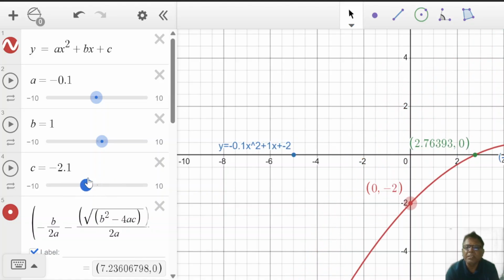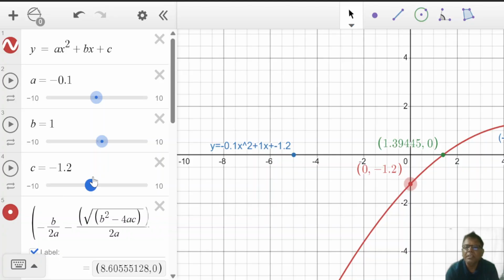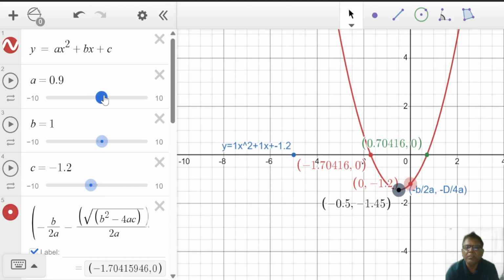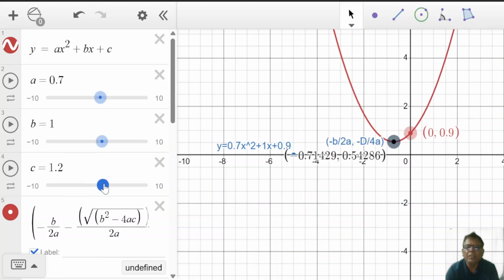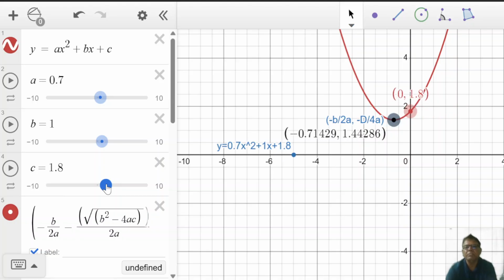And when it cuts the x-axis, that is the root. If it is not cutting the x-axis, then there will be no root. See, here it is not cutting the x-axis, so there is no root. So in the no-root condition, b square minus 4ac will be negative.